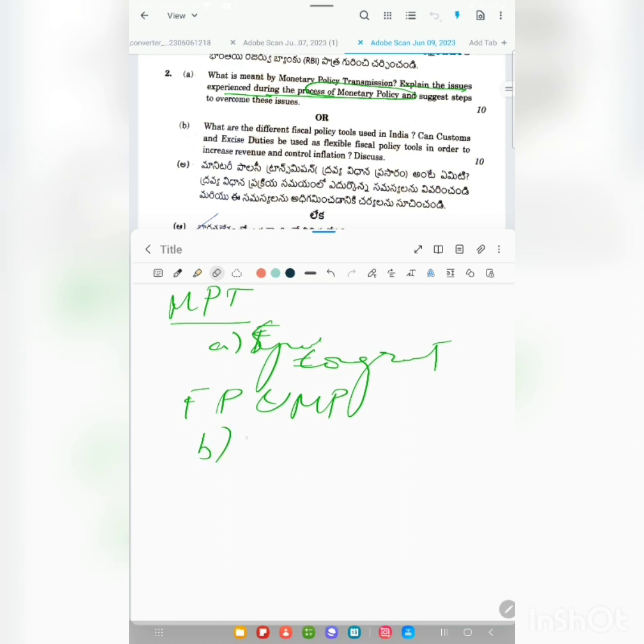Second thing is, there is a monetary policy transmission gap. That is one thing that is going to occur. And the other things I wrote in the exam: one, the monetary policy gap, and I also wrote about synchronization.